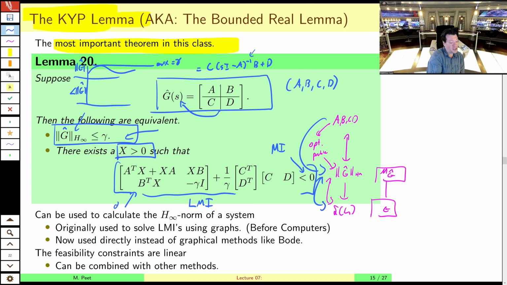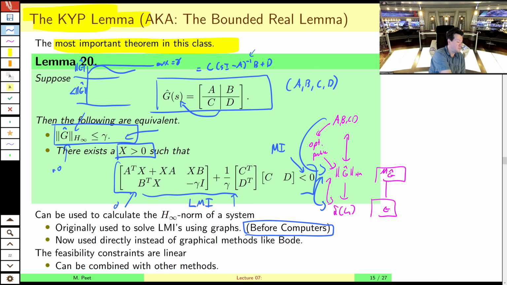So people had optimization problems they wanted to solve, and they put it in this form, constructed the matrix pencil and the transfer function, drew the Bode plot, and tried to verify feasibility. This was before we had algorithms for solving LMIs. So this was actually an algorithm for solving an LMI, and not an algorithm for representing a system property using an LMI. It was going the opposite direction. Of course, nowadays the importance is clear in the other direction, because we can't really optimize Bode plots.